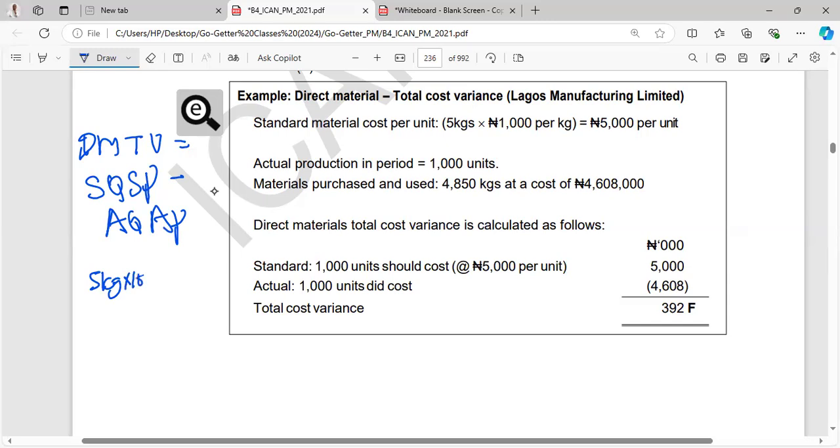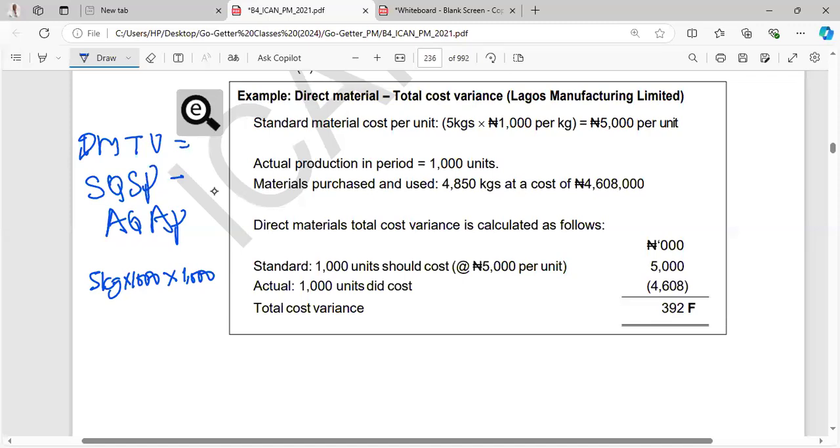You produced 1,000 units. This is the actual production. So this is the standard quantity. What is the standard price? The standard price is 1,000 naira per kg. This is the quantity for 1 unit, and you did 1,000 units, right?